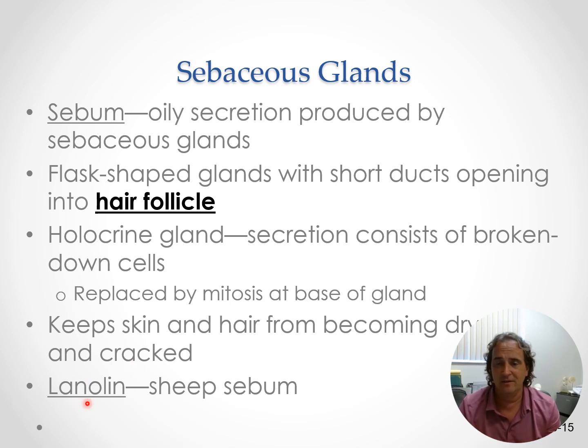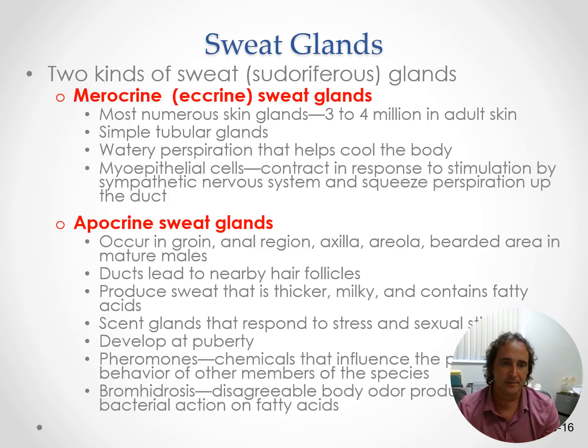And then they put it in your moisturizers and creams, and usually the more expensive a moisturizer or cream is, the more lanolin it has, which is just sheep sebum. And if you're disgusted by that, and you go home and you look at your bottle and you're like, oh my God, I do have lanolin in it, that's going to be the secretion from the sebaceous gland onto a hair follicle of a sheep.